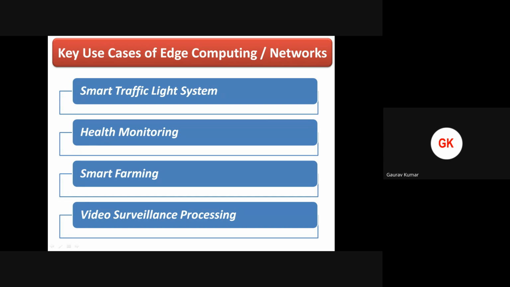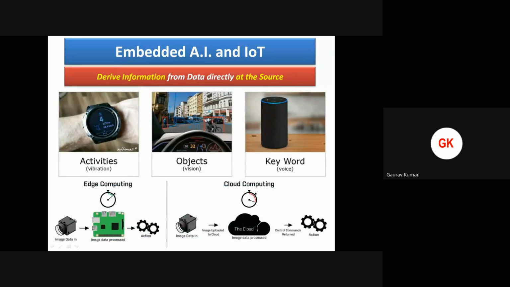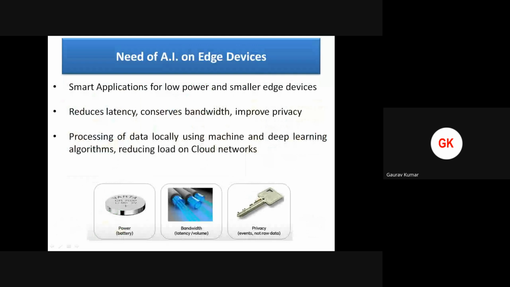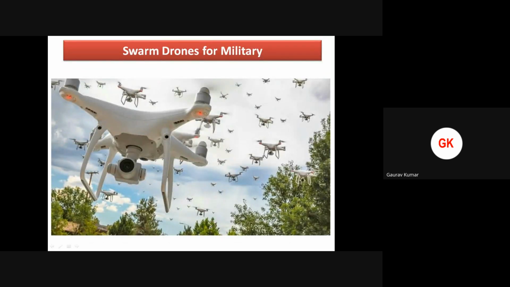The major thing is where we can use edge computing and what the need is for integrating AI and edge. For example, you are working on drone applications for military. Video streaming is going on with a particular sensor and a specific webcam, and real-time object detection and analytics are performed within that particular device.